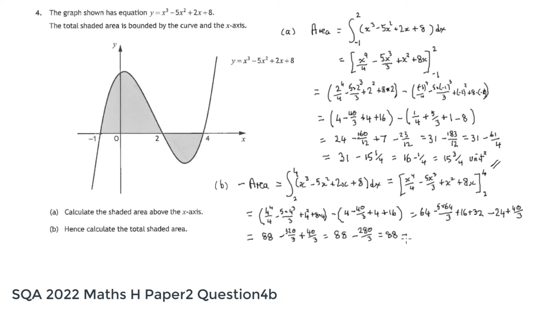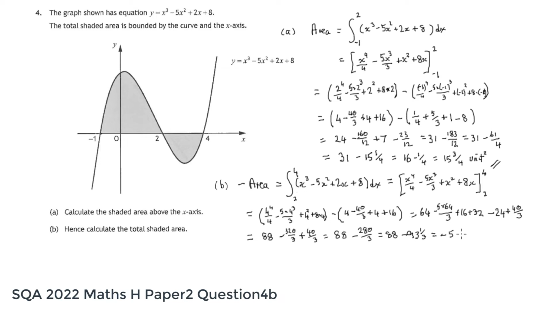And let's divide out. 3 9s are 27, and 3 1/3. So we are getting a negative value, which is useful. So let's take away 93 from 88. That's negative 5.